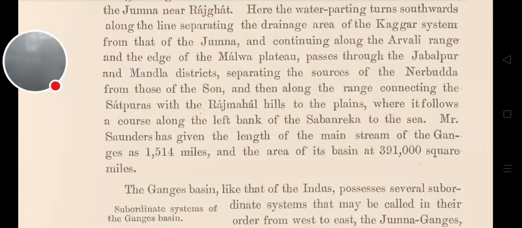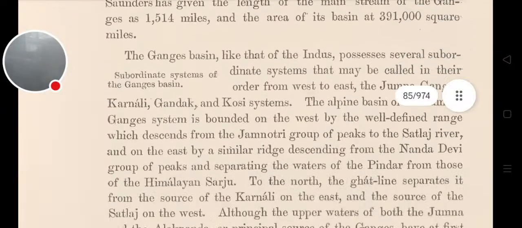Mr. Saunders has given the length of the main stream of the Ganges as 1,514 miles and the area of its basin at 391,000 square miles.